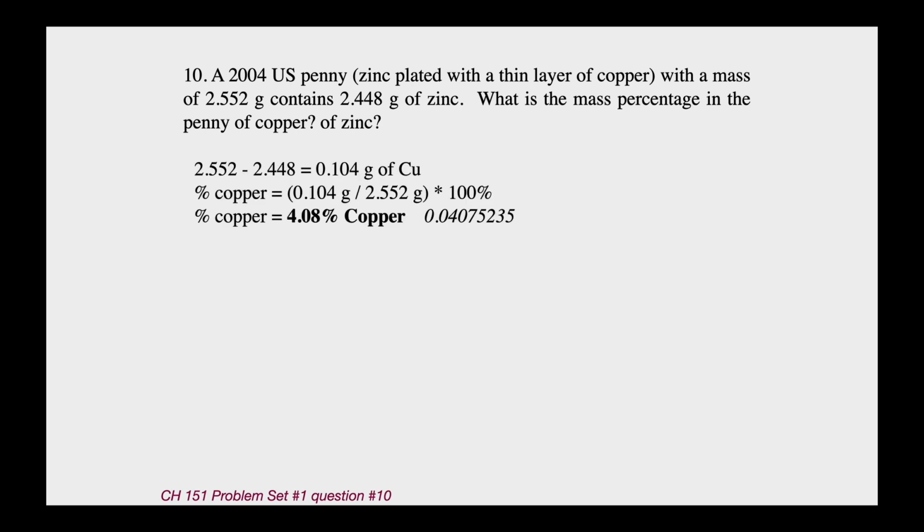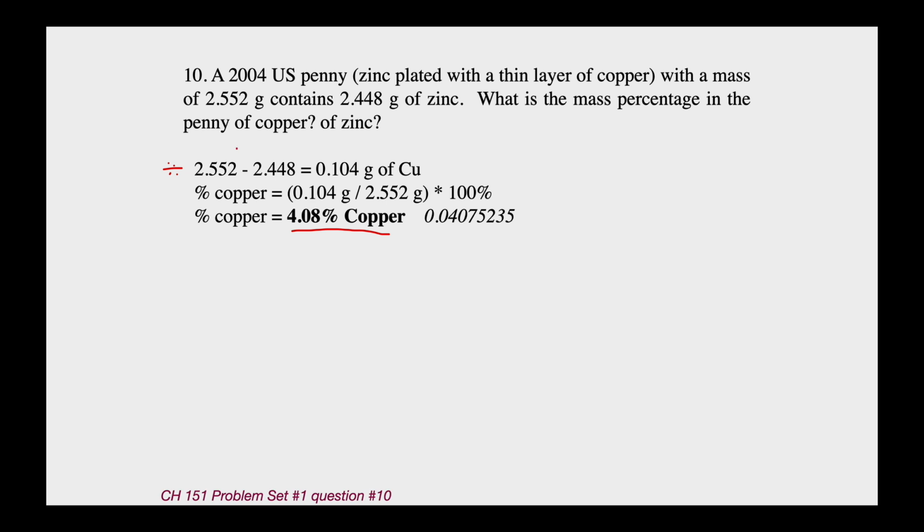All right, so here's the percent copper calculation. First thing, you got to figure out how many grams of copper you've got. So total minus zinc, in this case, is going to give you grams of copper, 0.104. So percent copper, grams of copper divided by total penny times 100%, 4.08% copper. You bet these things are susceptible to sig figs.